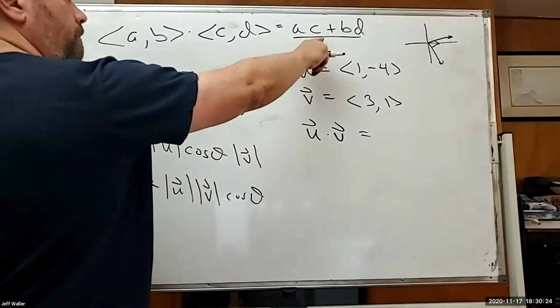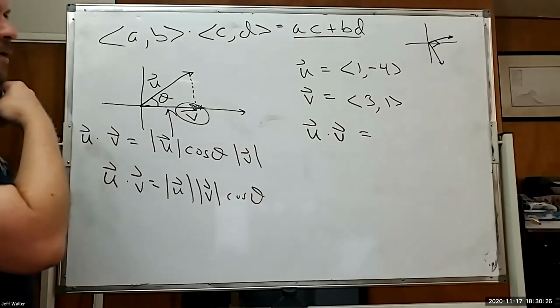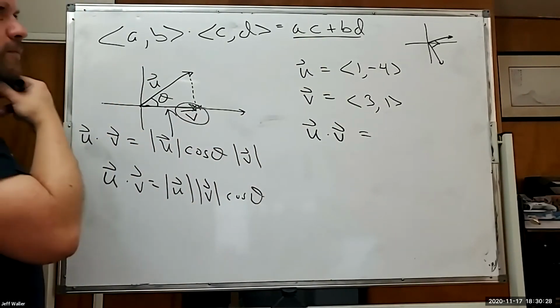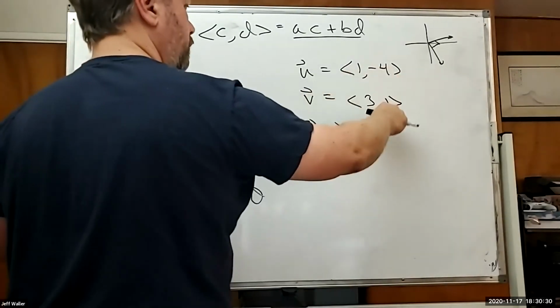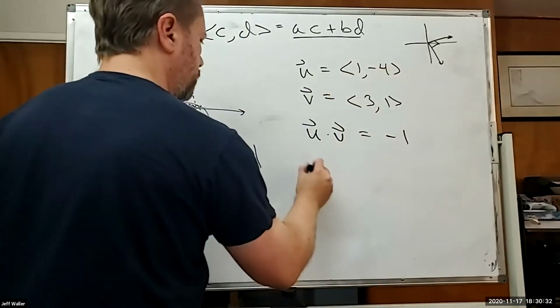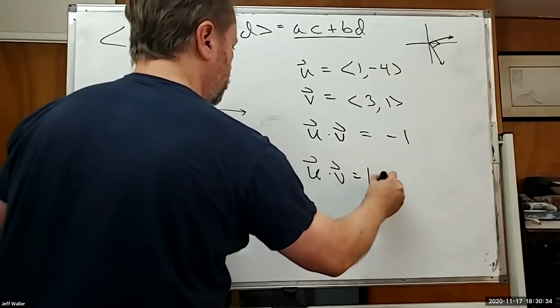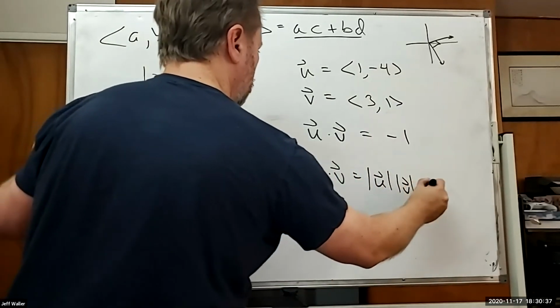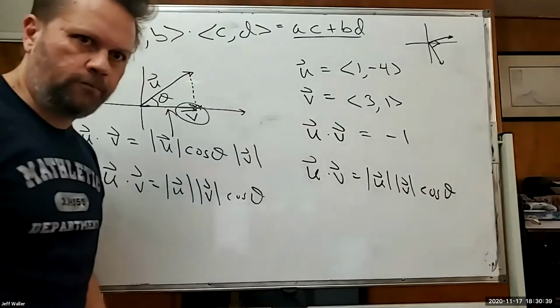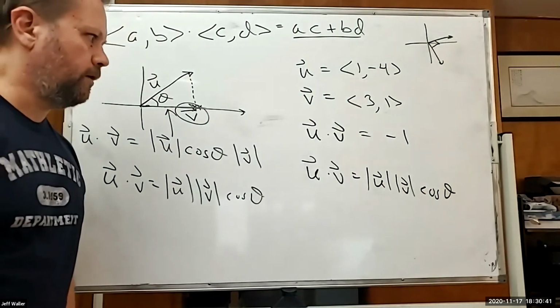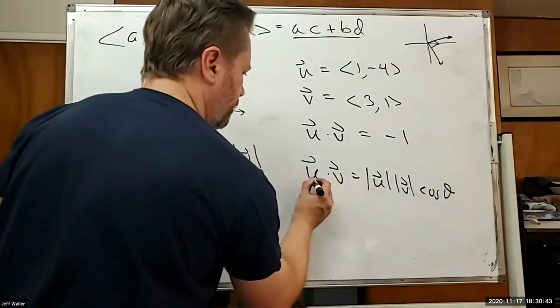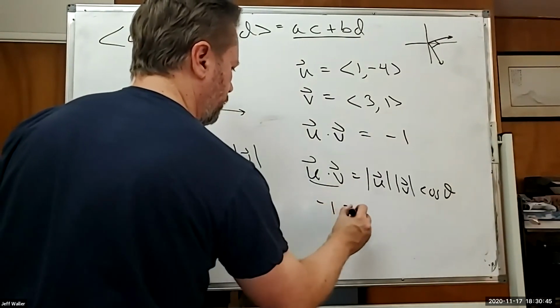Do it that way. Somebody should be done by now. I got -1. Yes. So you get 3 - 4, -1. But isn't u dot v equal to this business? Do I know what this is? Yeah, we just figured it out. Or you did. I stole it from you.